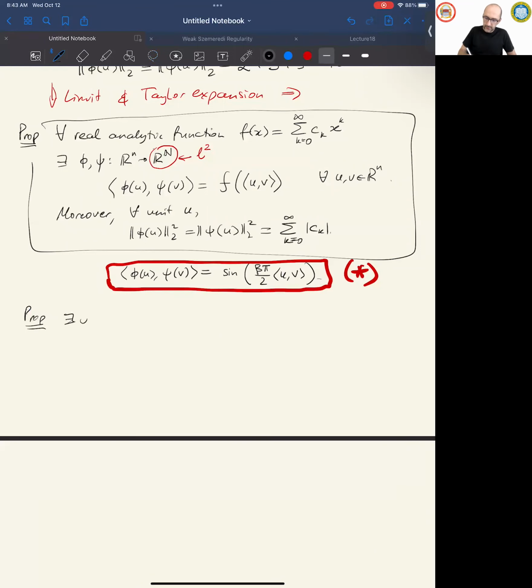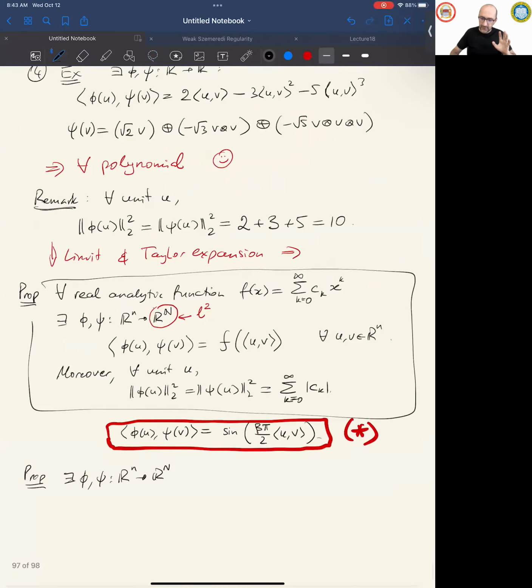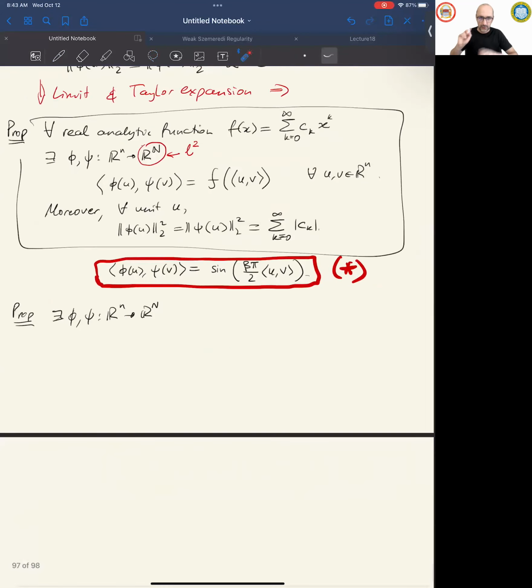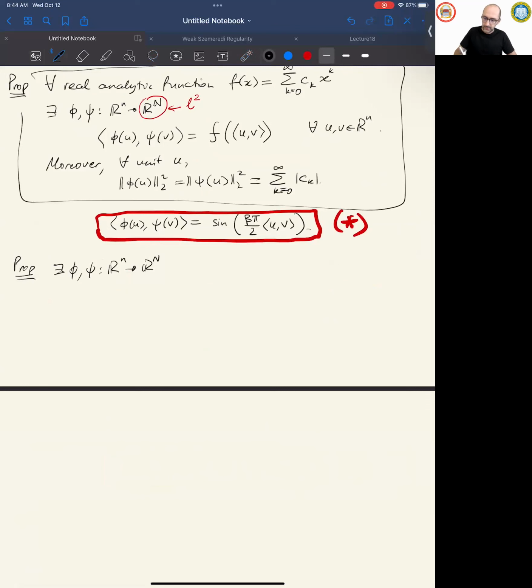So there are phi and psi, Rn. This time, I really want to take unit vectors to unit vectors, not 10, right? So this time we do not want to see the 10 here. We really want 1, and that's because the Grothendieck's identity will be applied for that.